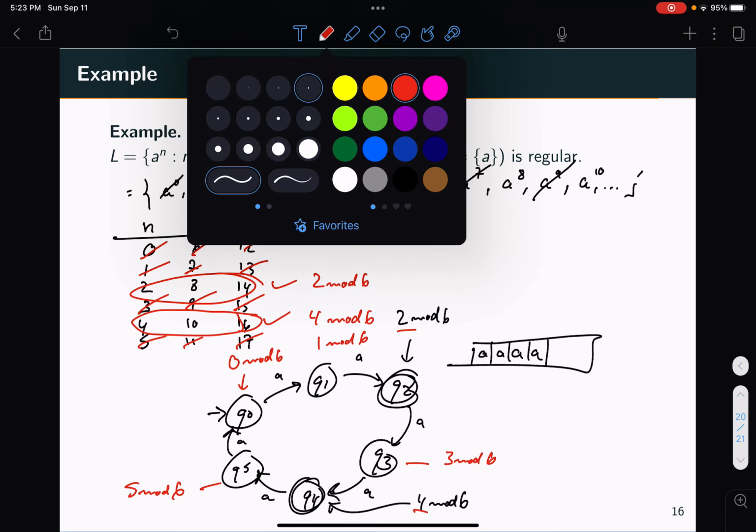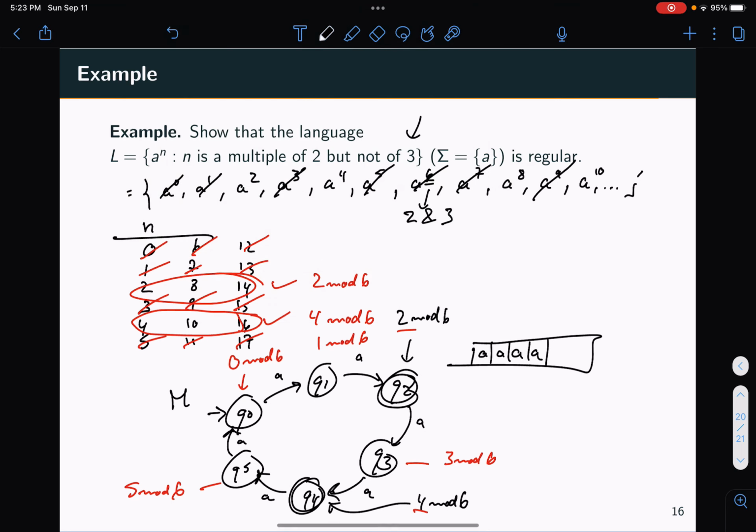So I have my machine M that is going to accept the language L. And so this shows that L is regular.